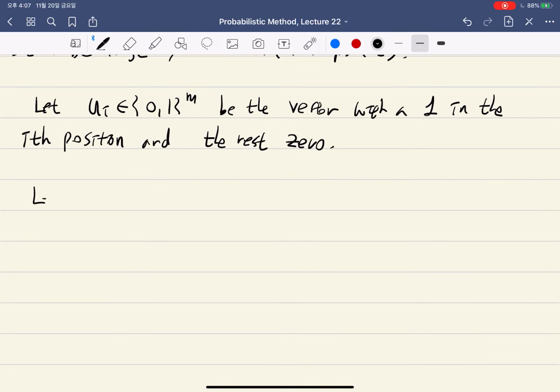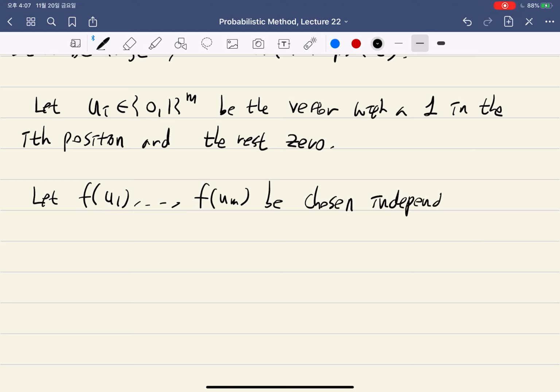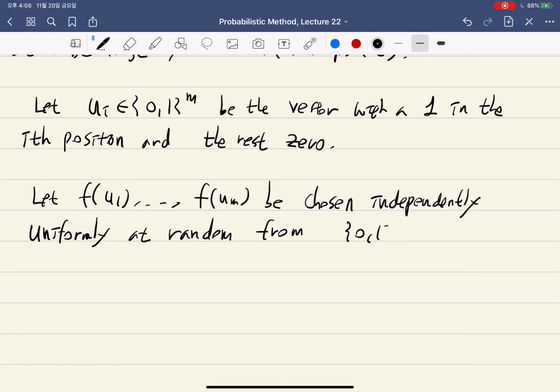We let f of u1 to um be chosen independently, uniformly at random from 0, 1 vectors of length n.